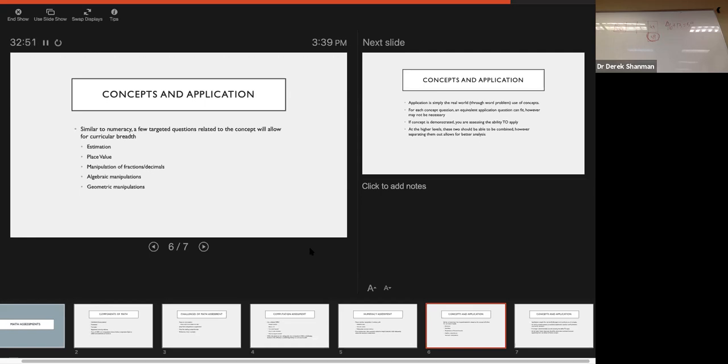All right, estimation, place value, fractions, decimals, algebraic manipulations, geometric manipulations, all of these can be devised by teachers. Assessment tools for these things can be devised in the classroom to meet the needs of what it is that you are teaching.